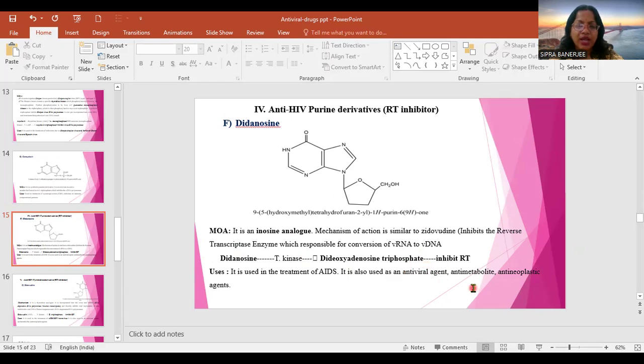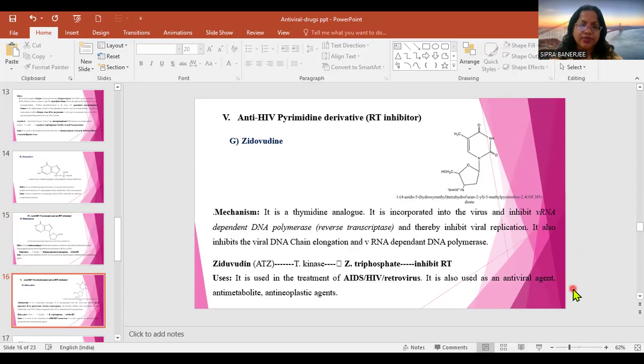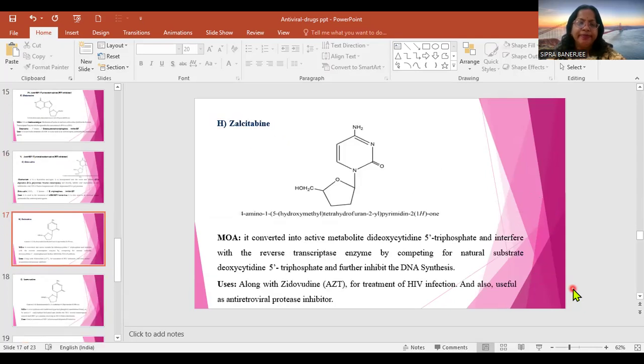This is also used as an antimetabolite, antineoplastic agent. Then there is an anti-HIV pyrimidine derivative, a reverse transcriptase inhibitor like zidovudine (AZT). This is one of the important drugs for anti-HIV, and the mechanism is the same. For HIV or AIDS, which is a retrovirus, different retroviruses can be treated with this drug. It is also used as an antiviral agent, antimetabolite, and antineoplastic agent.